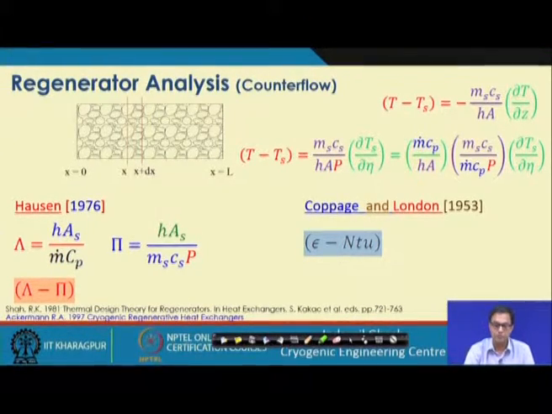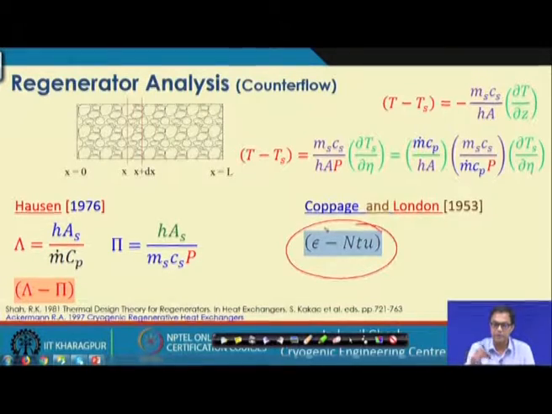So, we have chosen in this class to look into this particular epsilon NTU method, where we are familiar with the terms: epsilon is the regenerator effectiveness, and NTU is the regenerator NTU.